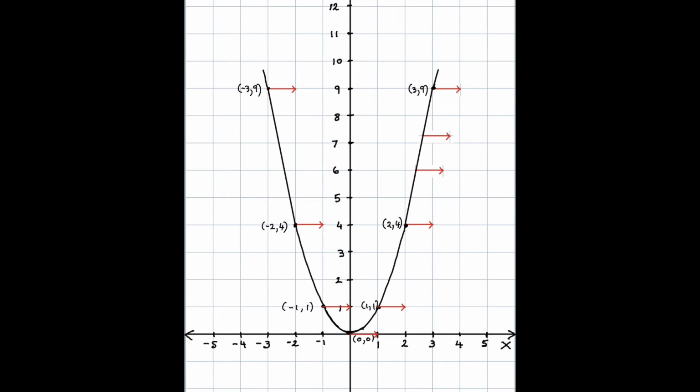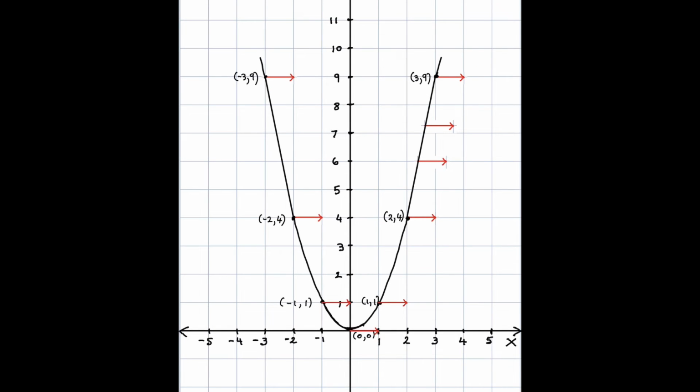A horizontal translation of 1 unit to the right results in 1 being added to the x value of each point on the original curve. The y values remain untouched with this type of transformation.